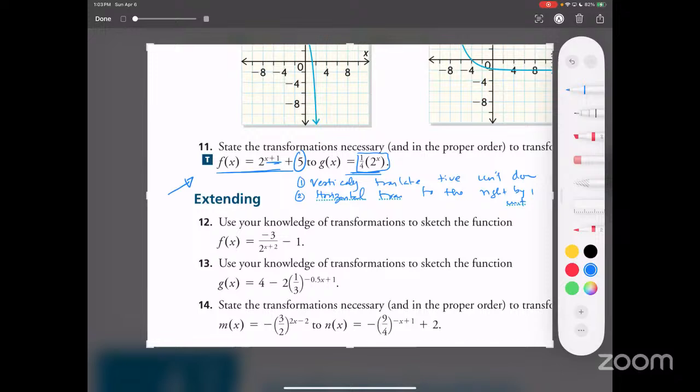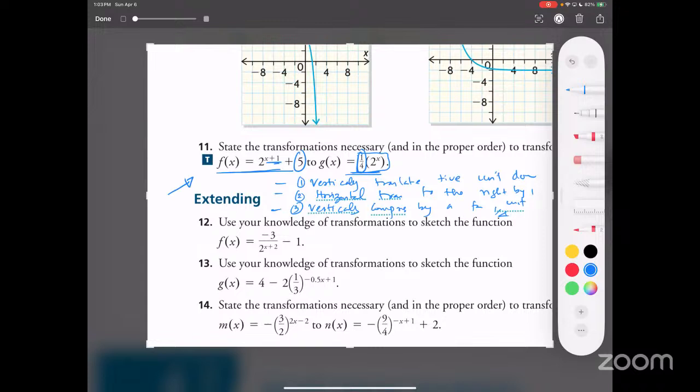Then what should I do? Vertically compressed by a factor of 1/4. That's nothing I can do. I can't reverse it. It is not there. Now, very important: you need to go in this order.